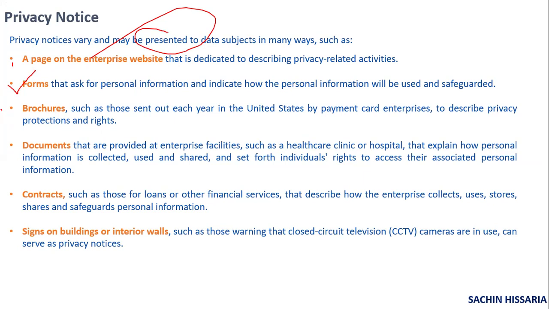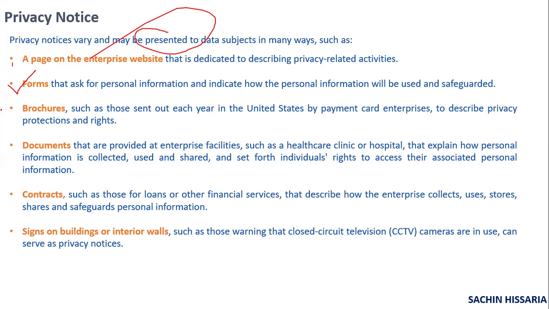Sometimes companies send brochures to all their customers, and in that brochure the company will describe the privacy notice related requirements. Documents can also be provided at an enterprise facility.